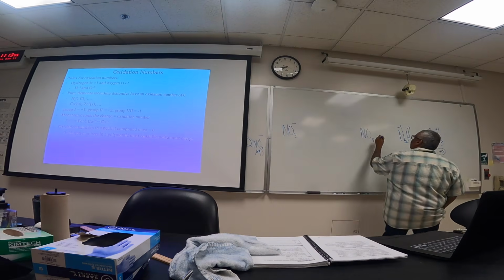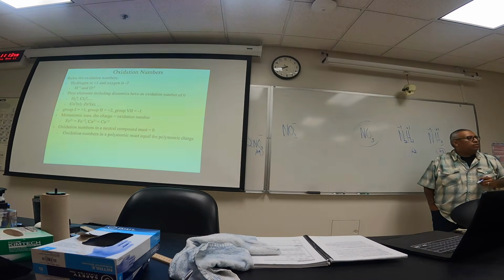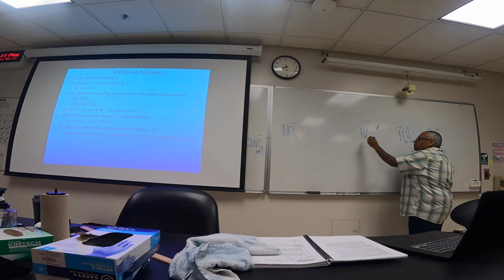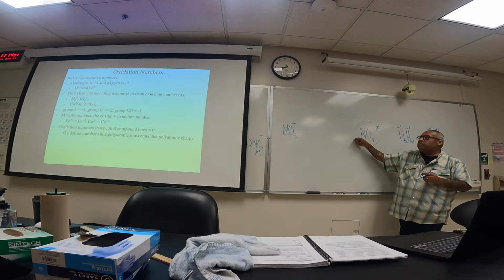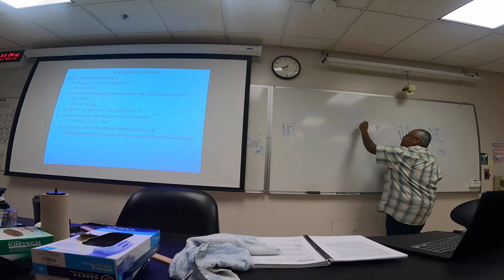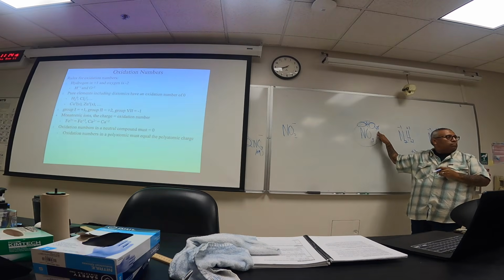So what is the oxidation number for this neutral compound? 0. 0 is the oxidation number for the compound. I know this is -2, I know this is +6, but this is 0. Whatever this is, plus whatever this is, has to equal 0.